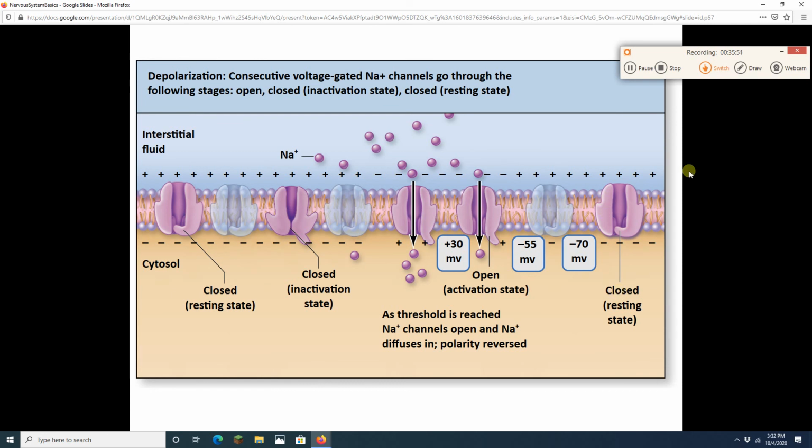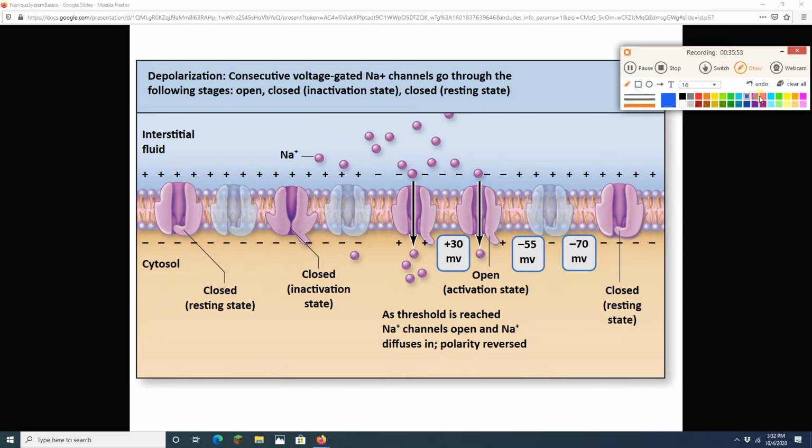All right. What we are looking at here is the plasma membrane of our axon. Do you know the axon plasma membrane has a name? Everything has a name, right? It's called the axolemma. So we're looking at our axolemma here.